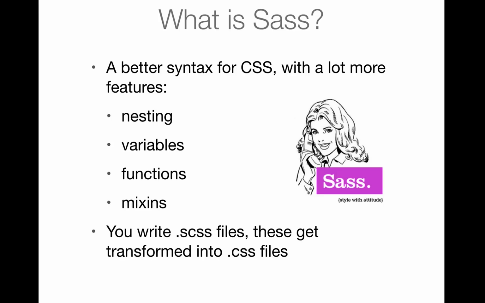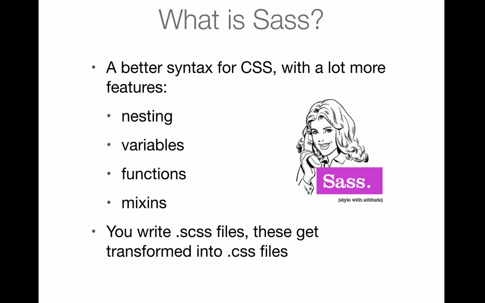It's a bit more complicated, but it's going to give you a lot more features and more flexibility. It'll eventually help you to write CSS probably more quickly, more efficiently, and also to be able to maintain it and extend it more efficiently.